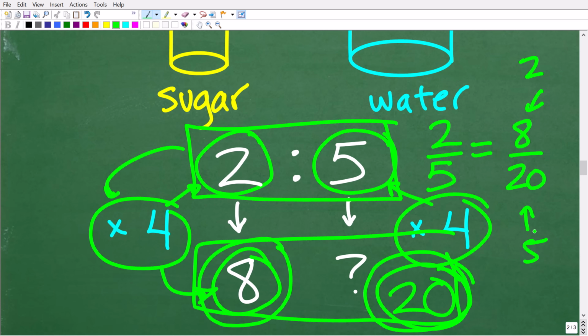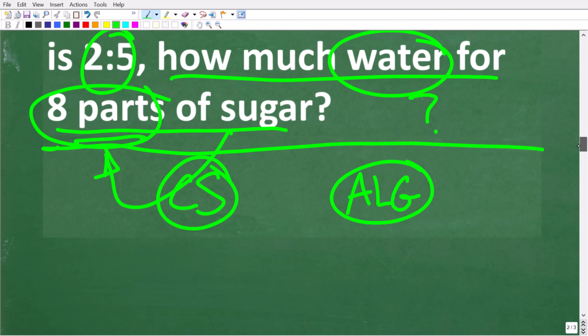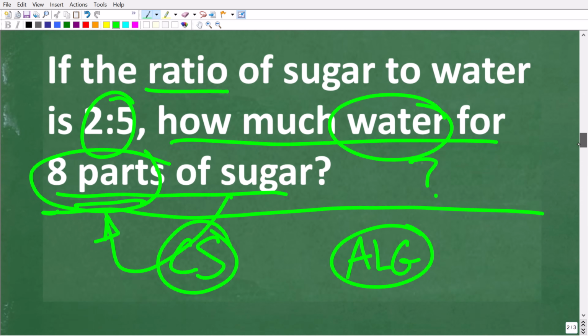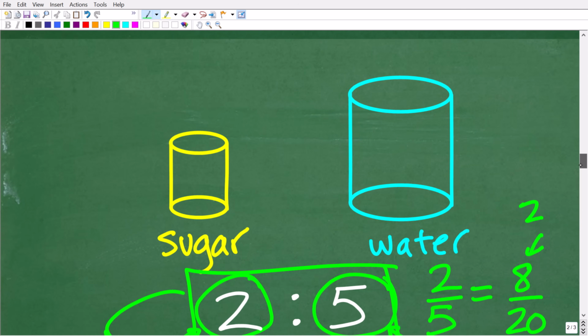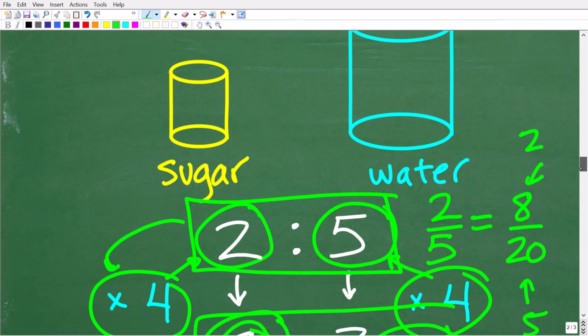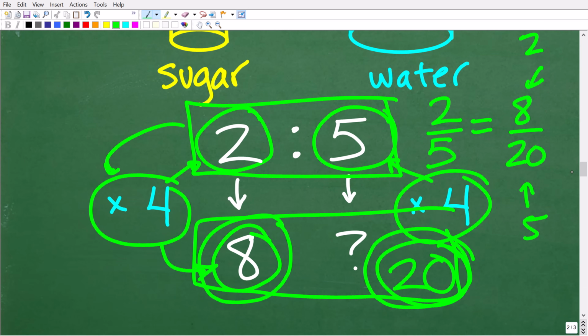Okay, so this is one approach that you could use to solve this problem. A lot of you have so much experience working with recipes and mixing things. You probably just did this really fast, and that is fantastic. But these ratio and rate types of problems can get far more interesting. And now I'm going to show you an algebraic way to solve this problem.